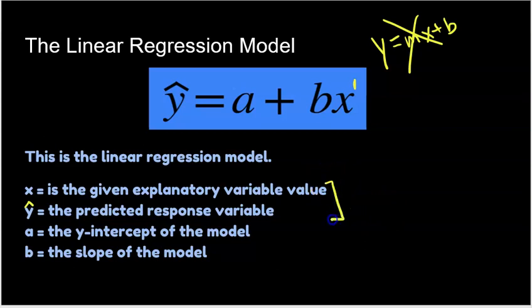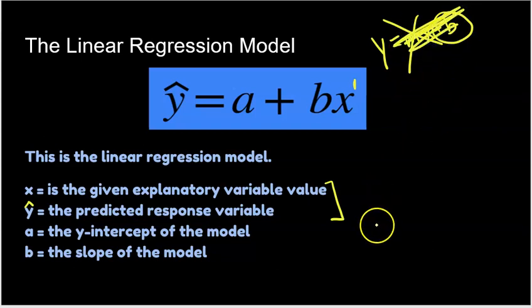Now, those are the two variables, right? Every linear regression model in this world is going to have an x and a y hat. I promise you. Every linear regression model will have an explanatory variable and a predicted response variable. But the other variables end up being actual numbers. In a specific problem, these will be numbers. And that is a, the y-intercept, which I know is a little bit confusing because if you remember, we used to call b the y-intercept, but that was back in algebra.